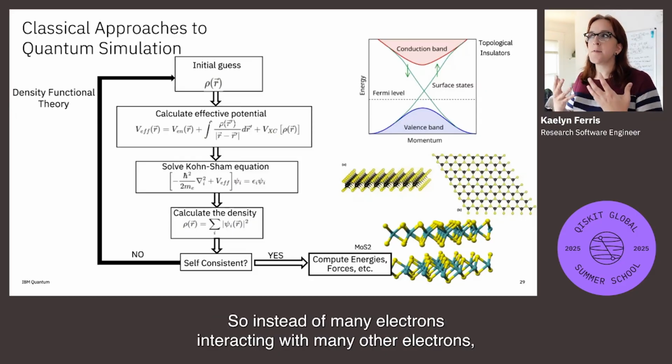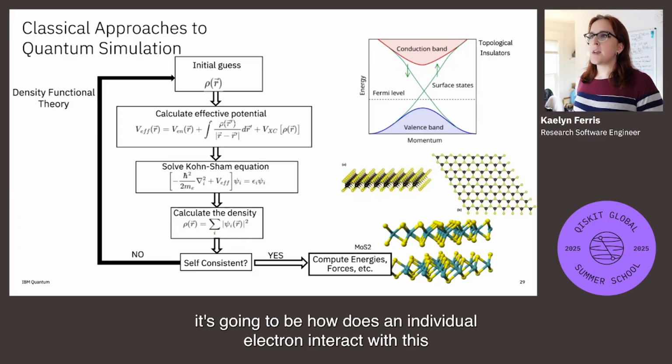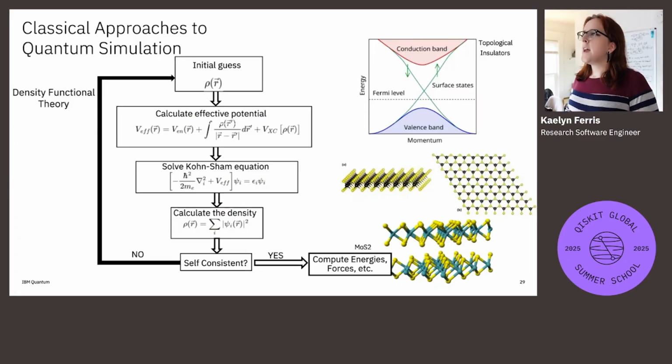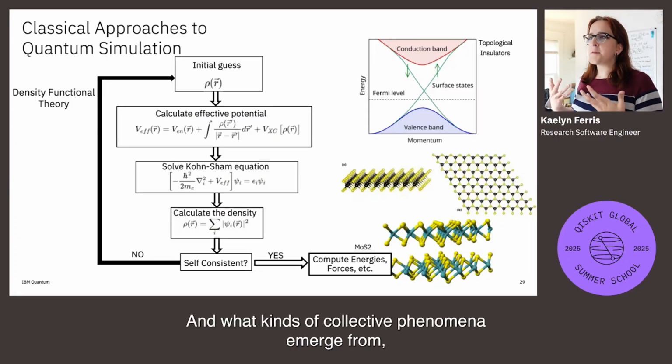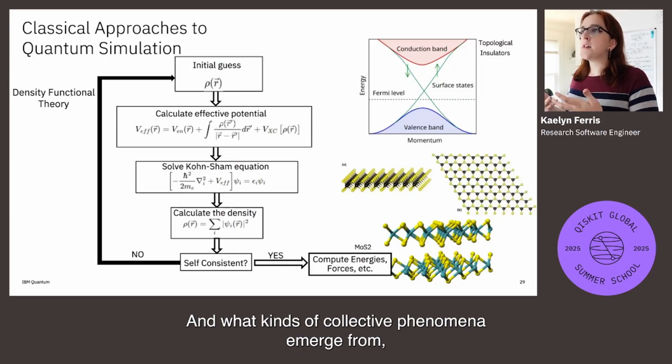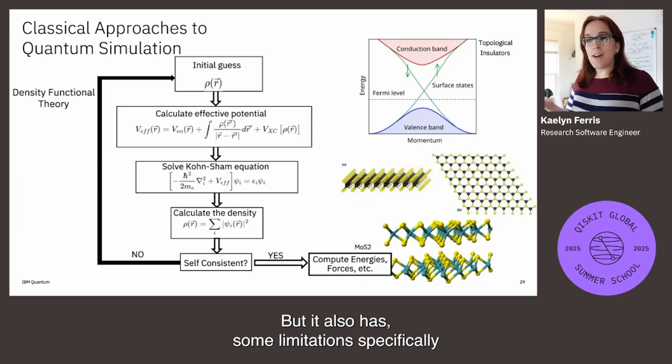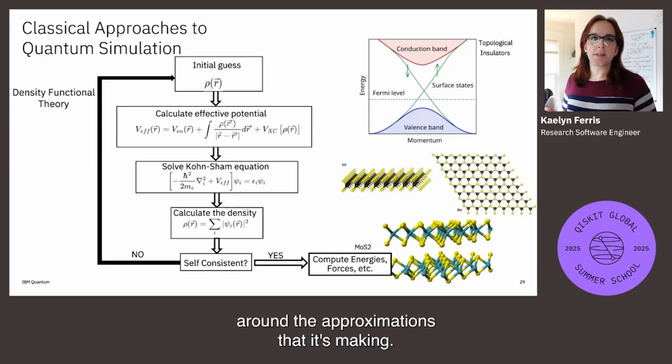So instead of many electrons interacting with many other electrons, it's going to be, how does an individual electron interact with this very nebulous kind of density of charge of electrons, and what kinds of collective phenomena emerge from studying in this way. But it also has some limitations, specifically around the approximations that it's making.